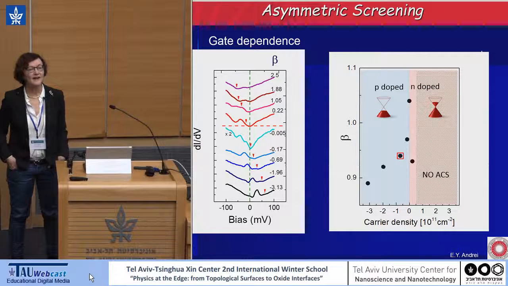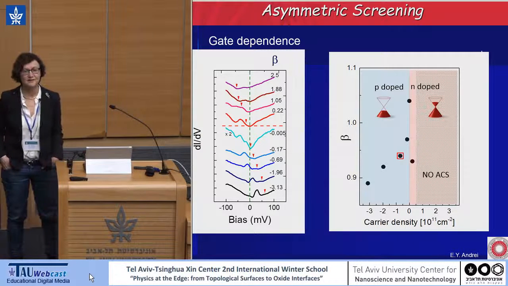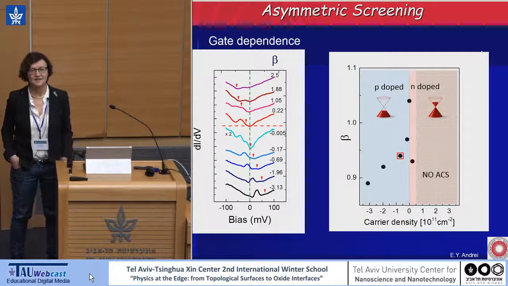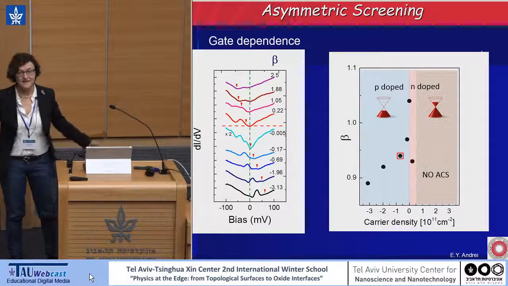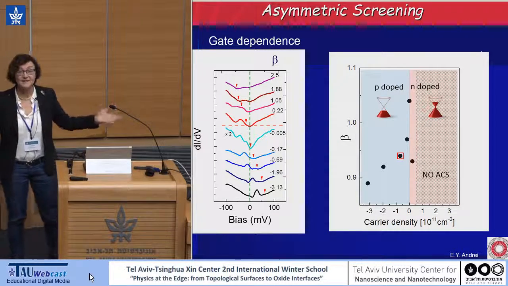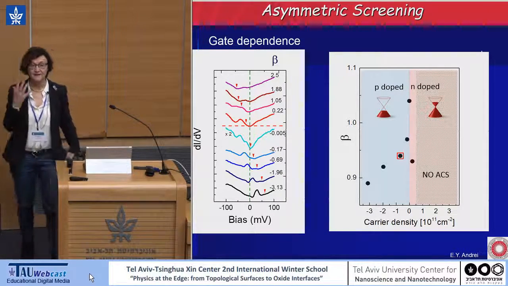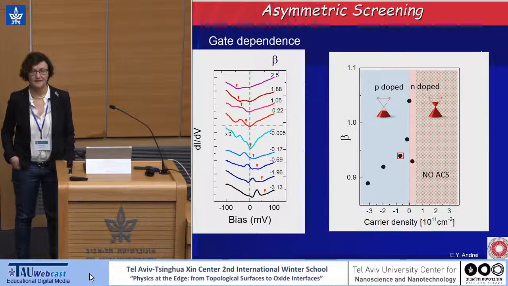But if you look in any kind of solid state book, if you put an impurity, regardless of the charge, it will be screened either by positive or by negative charges, right? The screening is just determined by the screening length. You don't care about the charge, right? So in one case, you attract the electrons. In the other case, you push them away. But the screening should be symmetric if the band structure is symmetric, which we don't see here.